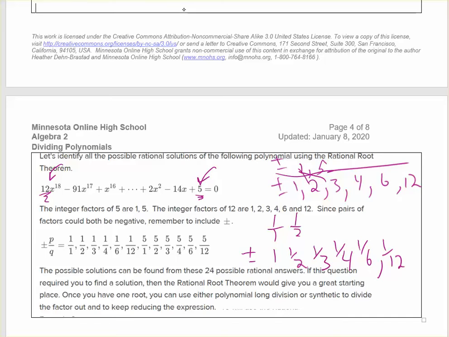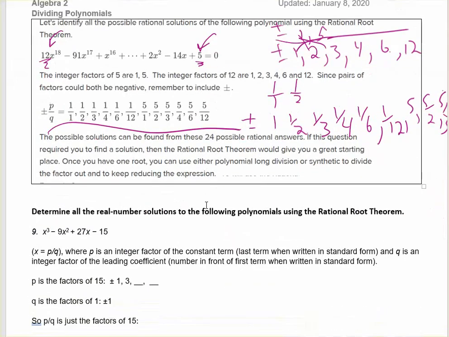And then you move to the 5, and you do 5 over 1, which is just 5. 5 over 2, 5 halves. 5 over 3, 5 over 4, 5 over 6, and 5 over 12. So you can see they listed them all out. And then check if there's any duplicates, cross them off. There's not in this case. And if there's any that can be simplified, simplify them. Actually, you should simplify first and then cross off.